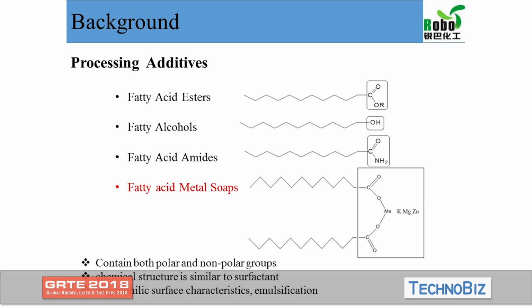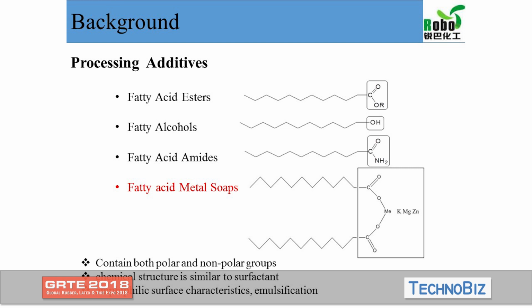In this work, three metal soaps, zinc soap, potassium soap, and magnesium soap, were adopted to study the processing characteristics and the rheological properties of silica-filled rubber compound.